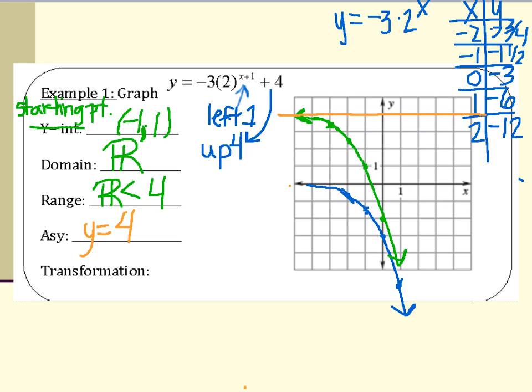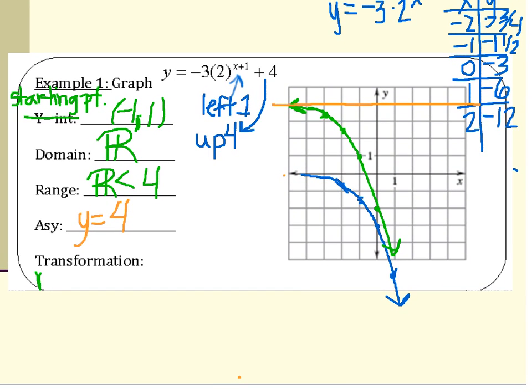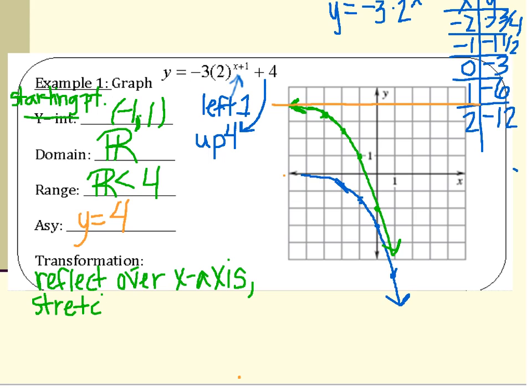So we're going to say we reflected it over the x-axis.